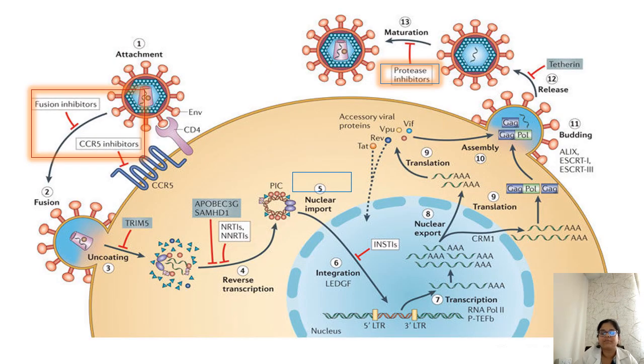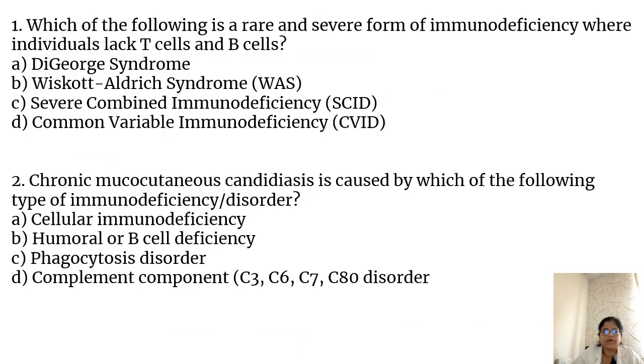This is a different picture showing the different stages of entry of the virus through the mucosal surface and then getting released into the circulation after multiplication. And at each level, how the different drugs act upon it: fusion inhibitors, CCR5 inhibitors, protease inhibitors, NRTIs as well as NNRTIs.